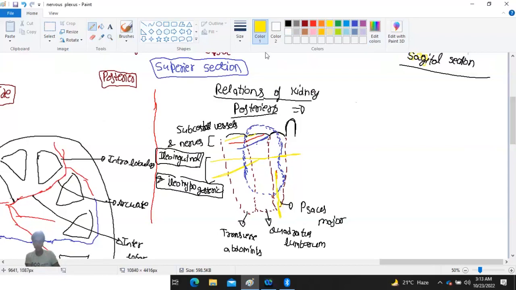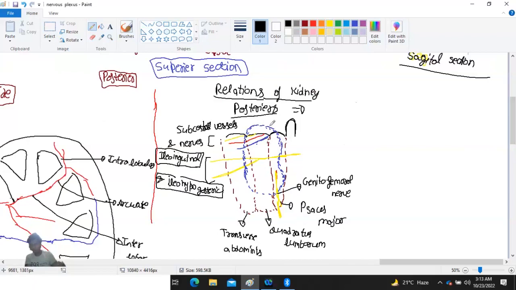This is the genitofemoral nerve. So all these things are the posterior relations: subcostal vessels and nerve, iliohypogastric, ilioinguinal, psoas major, quadratus lumborum, transverse abdominis, and genitofemoral nerve. All these are the posterior relations of the kidney.